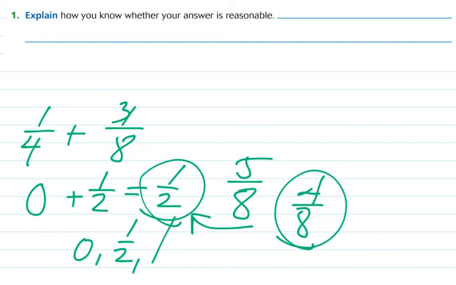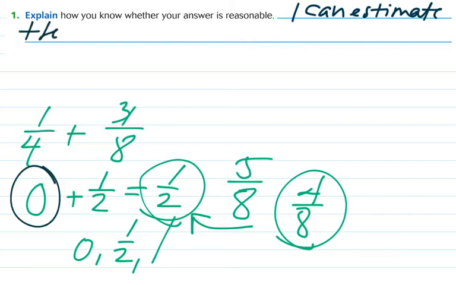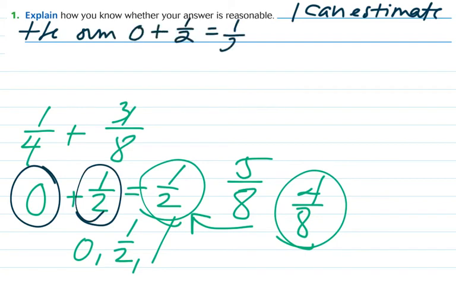So what we can say, boys and girls, is I can estimate the sum, and what we estimate the sum to be is 0 plus a half, which is equal to a half.